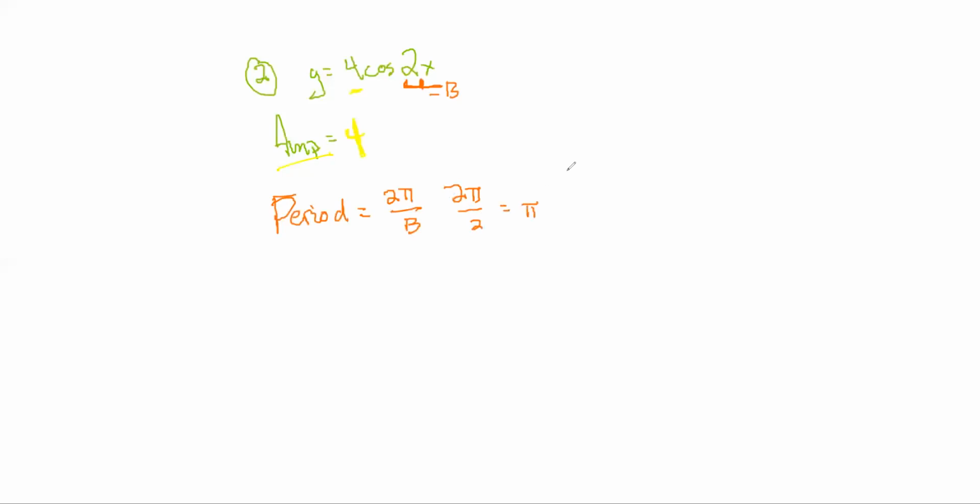So our period here is just going to be pi. What's our vertical shift? This is actually one term. It's the cosine of 2x. So our vertical shift is 0 because there's nothing out here.